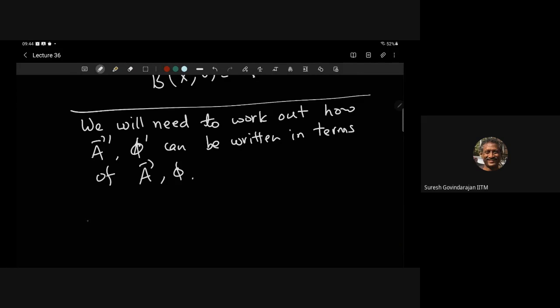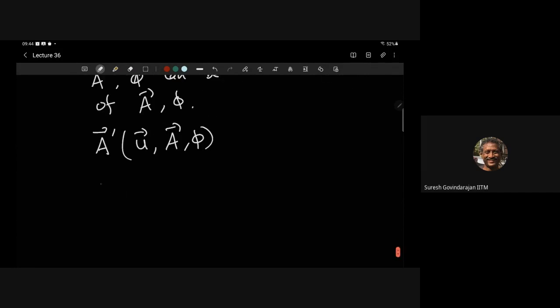We can write some general things again. We could say something like A prime should be a function of u, A and phi alone. Same kind of story. And similarly, phi prime should be a function of u, A and phi. Now we need to work out these things. We need to ask what are these? How do they look? This is what we want to work out.